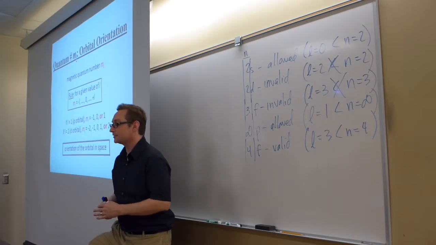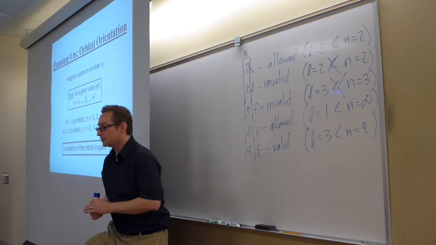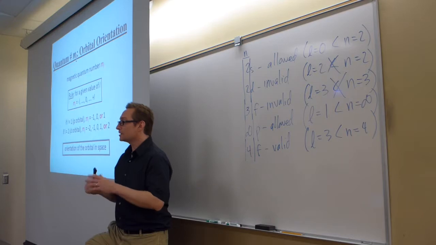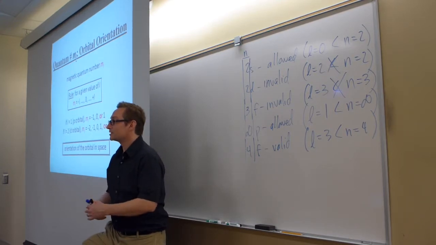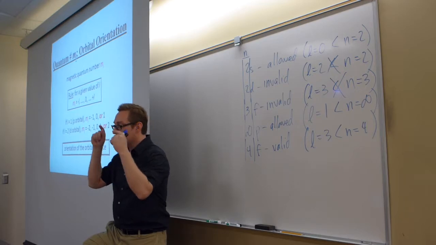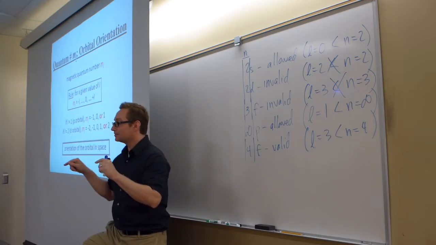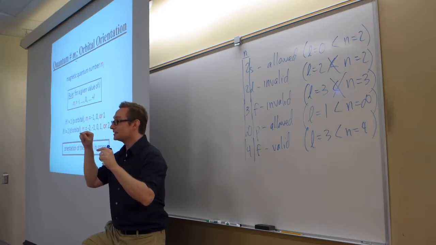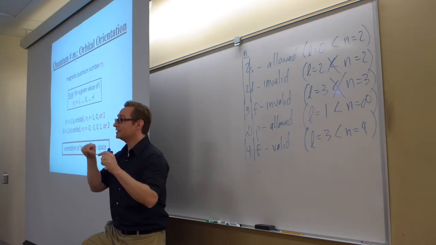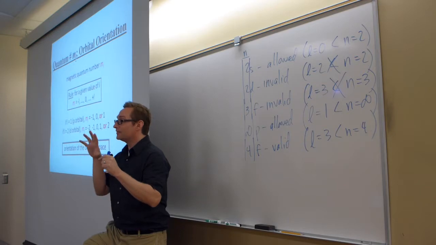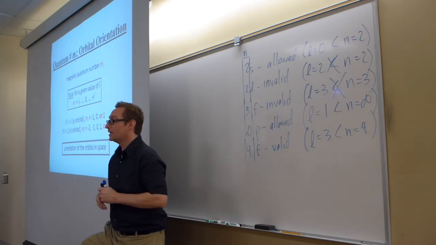Hopefully if I keep going, this will connect more dots. So again, what does the m sub L quantum number represent? It represents the orientation. So just run this in your mind. n is size. L is shape. m sub L is orientation of the volumes that electrons occupy.